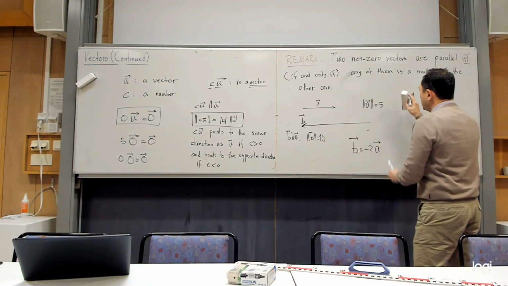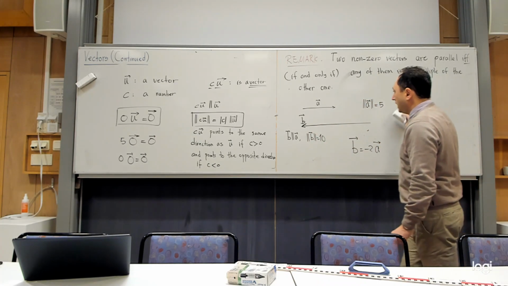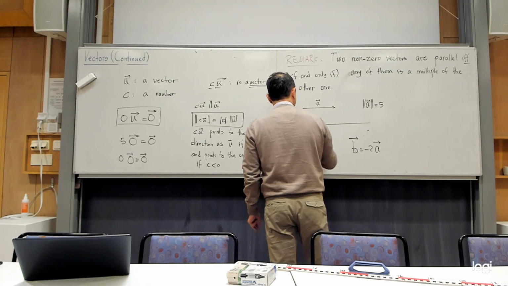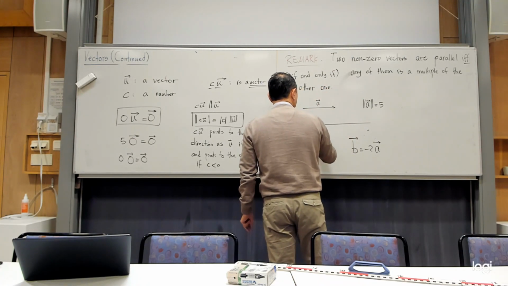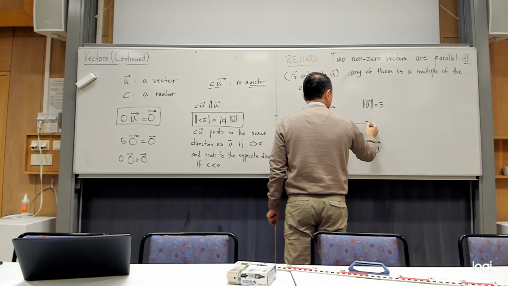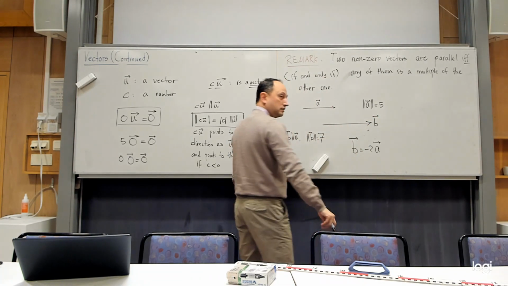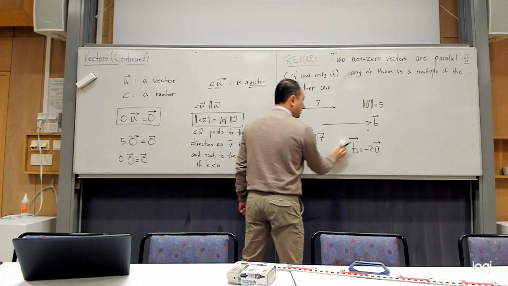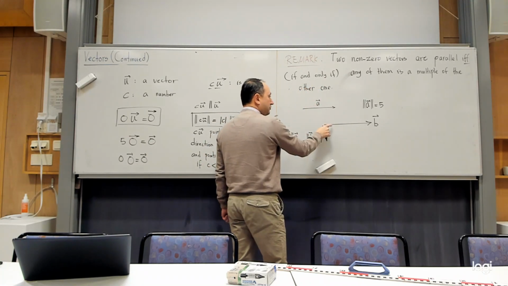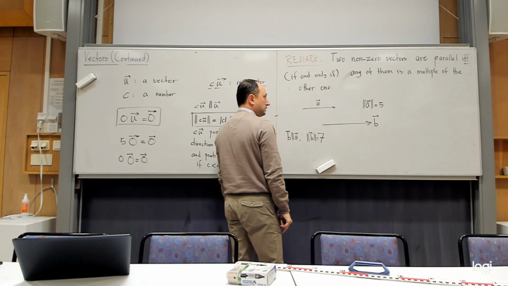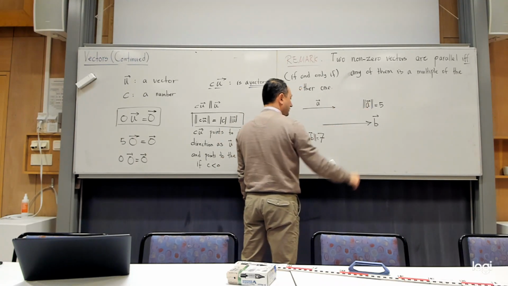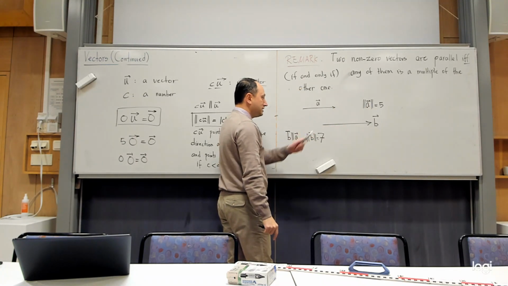Okay, let me ask you another question. I will take this one and make it 5, and let me take this B, the same thing, and make it 7. So then, I still have B parallel to A. The length of A is 5. The length of B is 7.